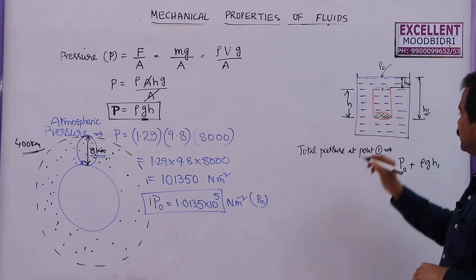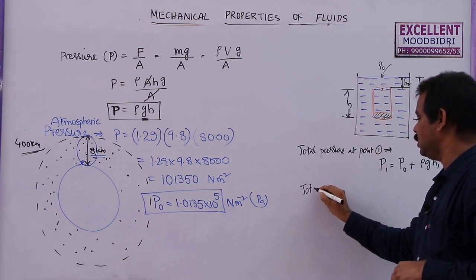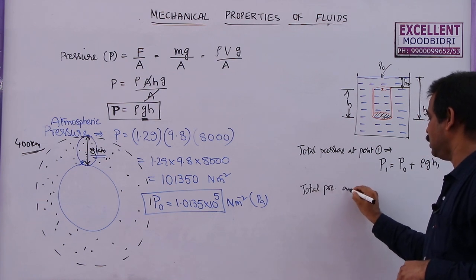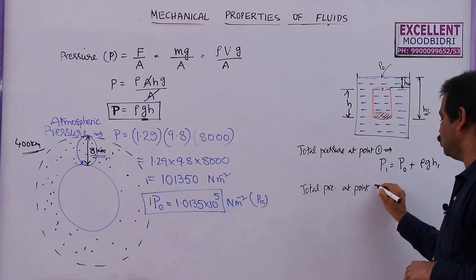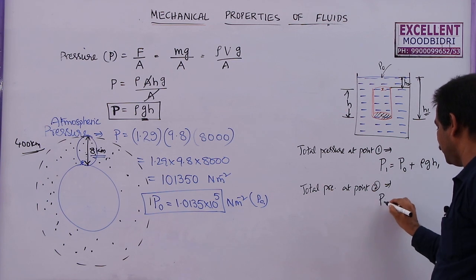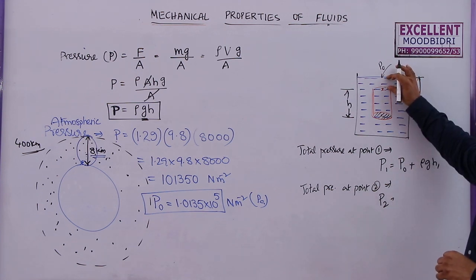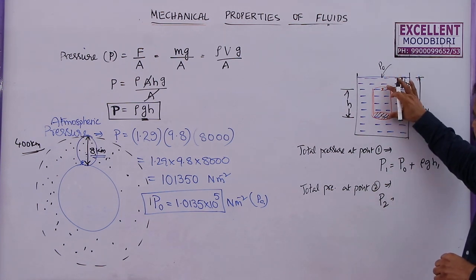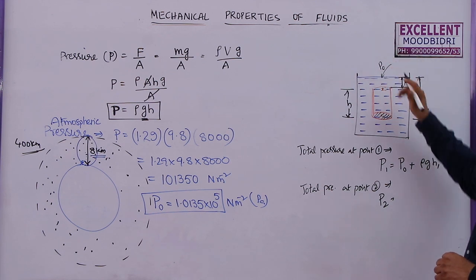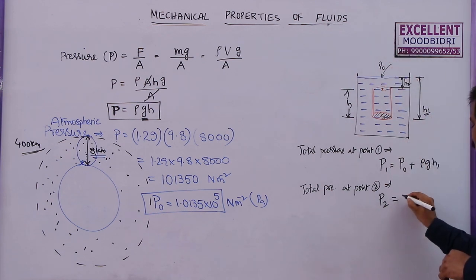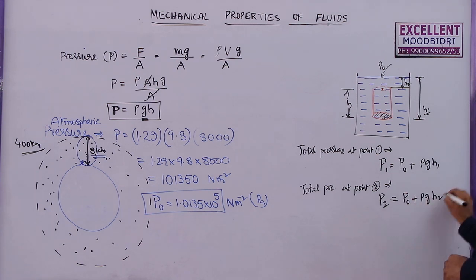Similarly, what is total pressure at point 2, which is given by P2? Here, what are the forces that are acting? The weight of this liquid, which is just above the cylindrical portion, plus atmospheric pressure. So once again, I have to write this as P naught plus rho g H2.